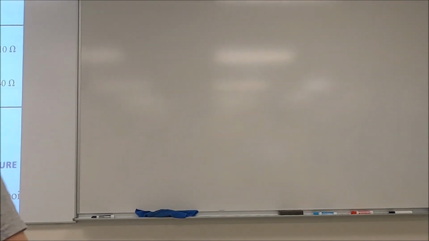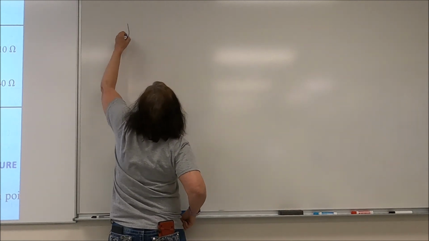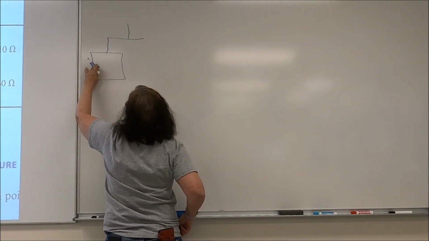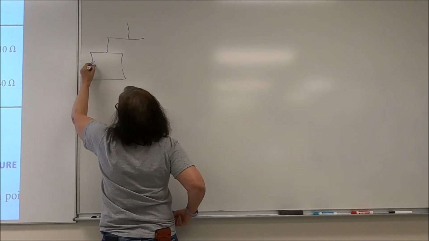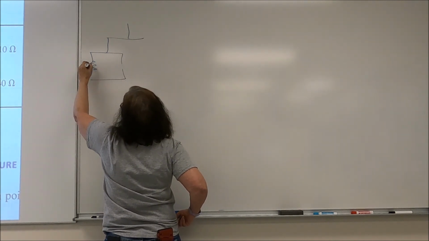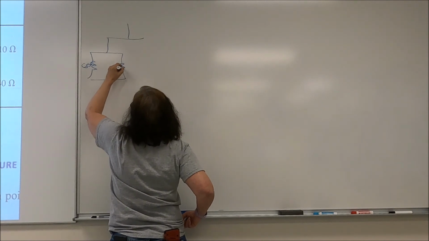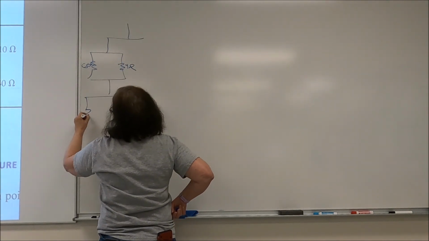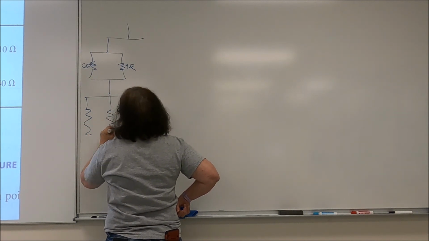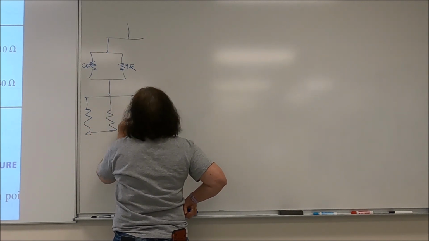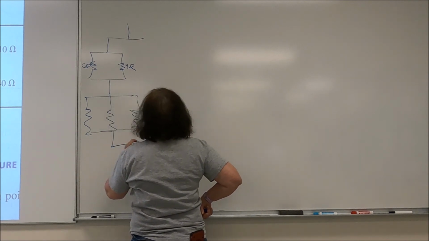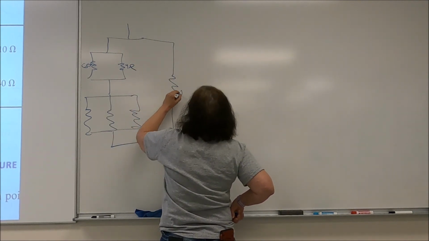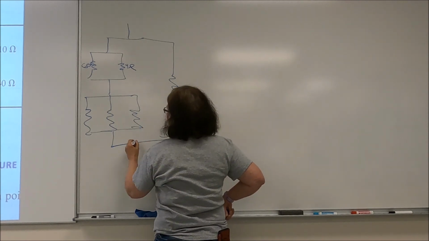Okay, so let me redraw this. I've got a 60 ohm resistor here, a 40 ohm resistor here, and then I have 3 resistors here, and a 21 ohm resistor here.